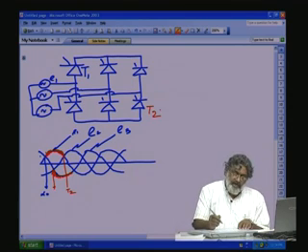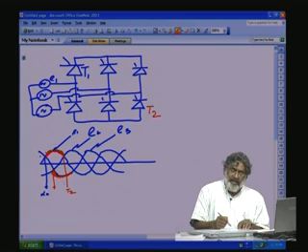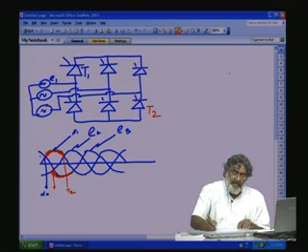Okay, T1, T2. Now, E1 is still conducting. So, at this point E1 phase is more positive, T1 will be conducting and T2 will be conducting. Now, at this point the phase E2 becomes more positive. So, T1 has to be switched off and the next thyristor at the positive side has to be turned on, that will be T3.